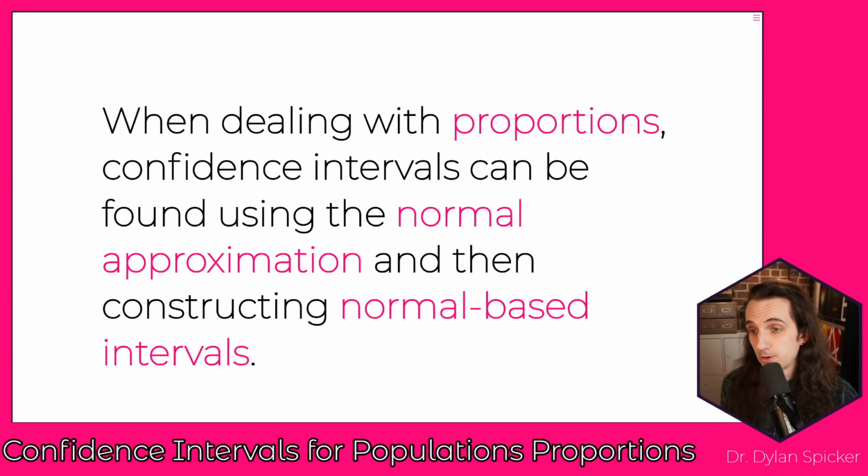So if we're dealing with proportions, then the confidence intervals can proceed in much the same way as if we are dealing with means, where what we're really relying on is that the normal distribution can approximate the binomial distribution. And then after applying that approximation, we can use normal-based confidence intervals for the proportions. This is going to be quite useful whenever the data are well summarized with a proportion.